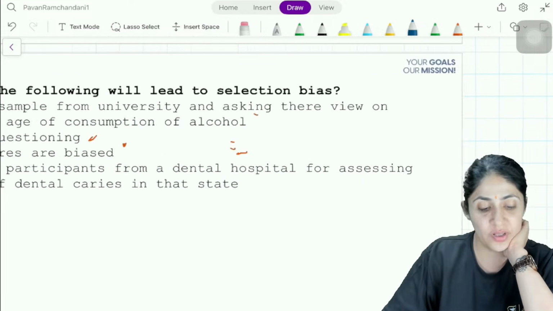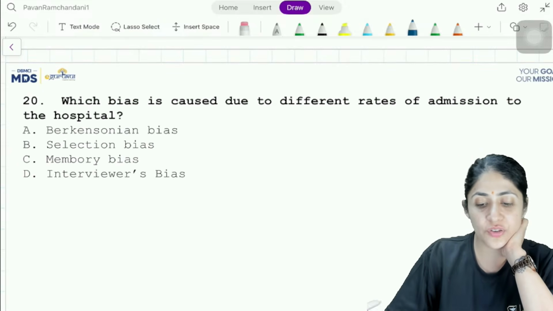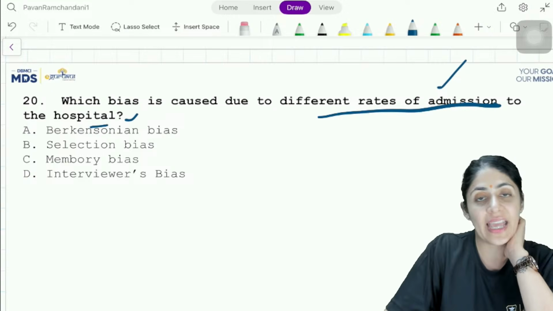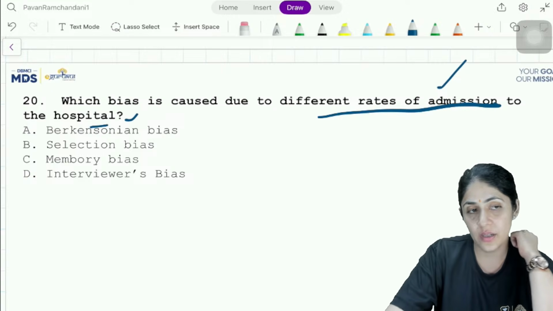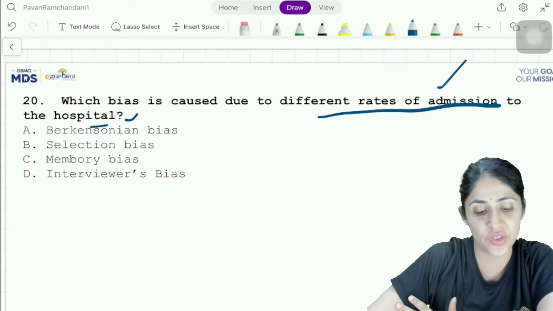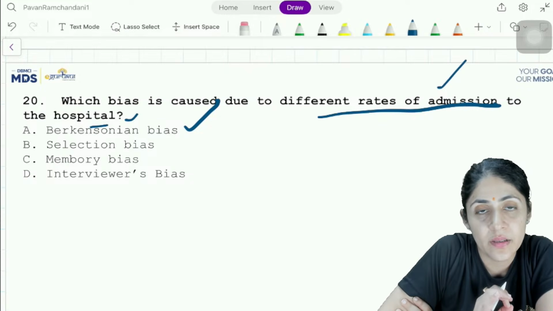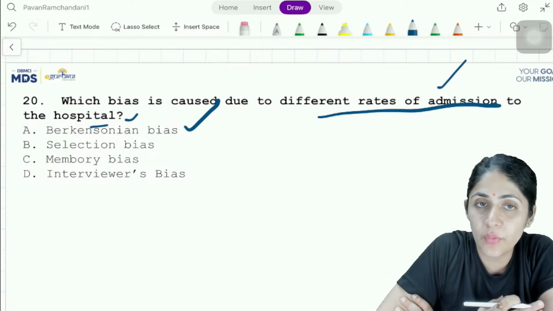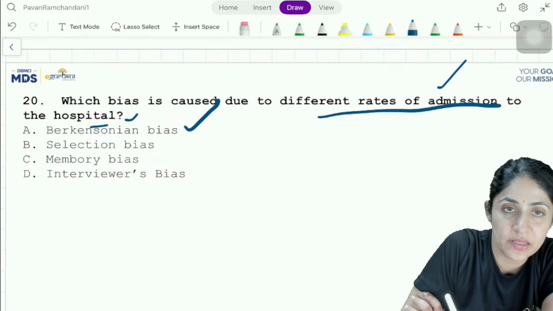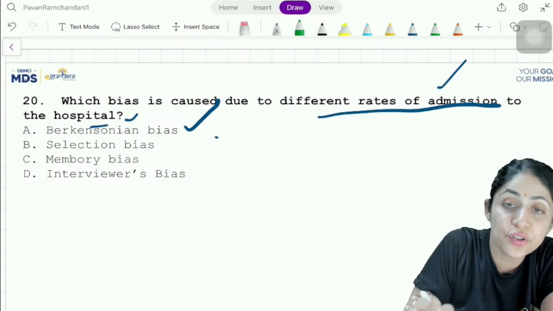Taking individuals from the hospital who already had a dental problem is a type of selection bias. A similar question: which bias is caused due to different rates of admission? You should go to the recall and click on the various subjects given below, go in PhD. You will see this exact question was asked in your PhD NEET. We covered all questions in your notes and exams. This is Berksonian bias, due to different rates of admission.